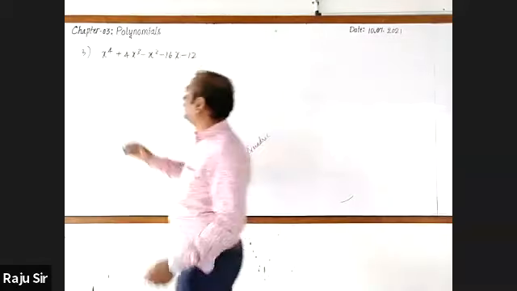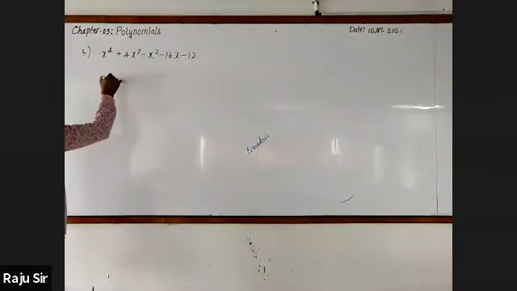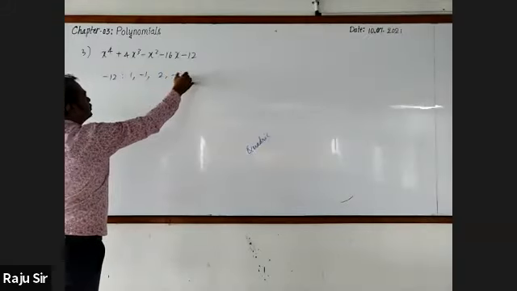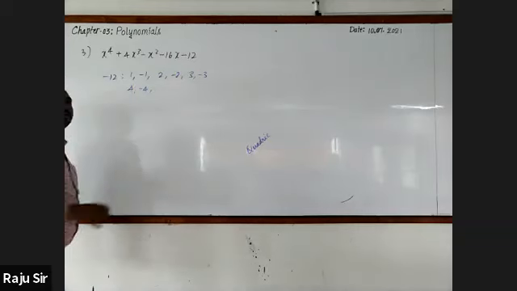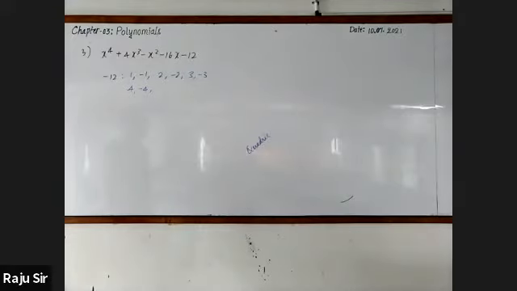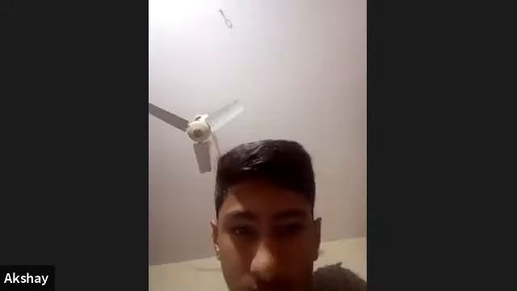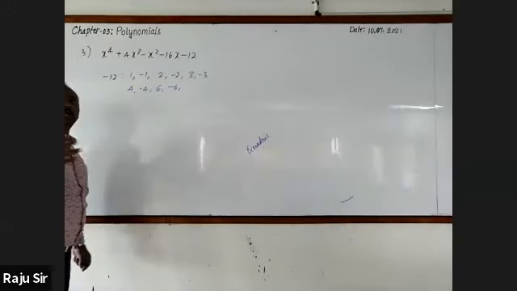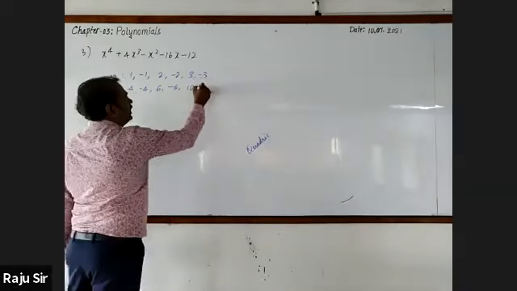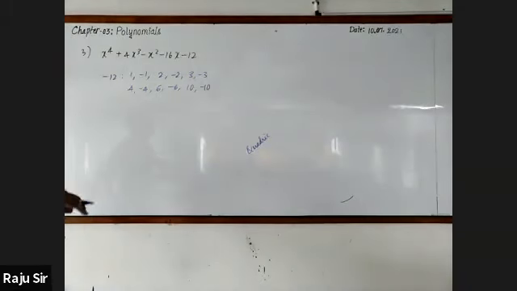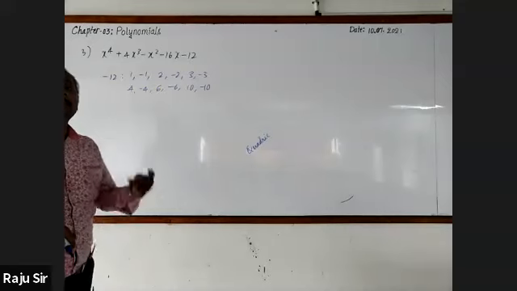Multiply the first and last term, you get minus 12. The factors are 1, 2, 3, 4, 6, 10, 12 and their negatives. You will just go for finding.